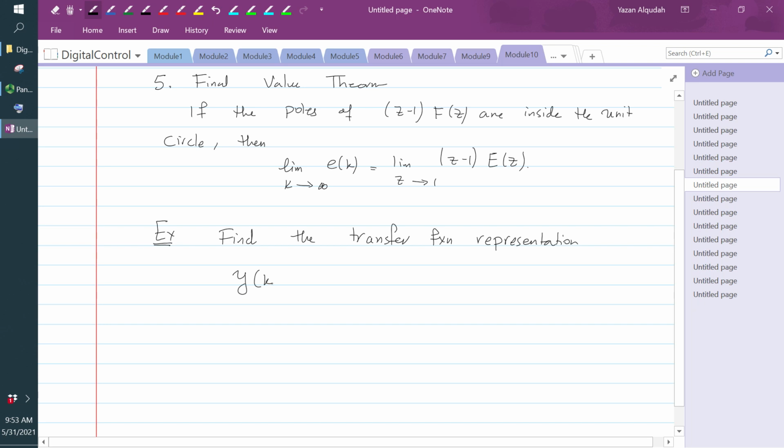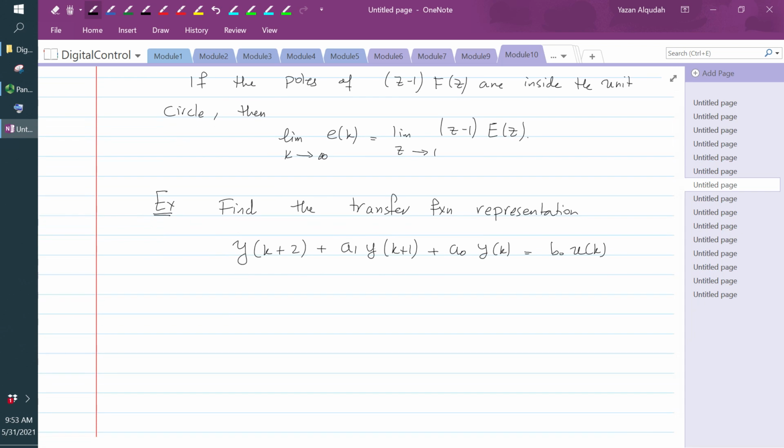We have a difference equation: y(k+2) plus a1 y(k+1) plus a0 y(k) equal to b0 multiplied by u(k). How do we find the transfer function? To find the transfer function, we're going to take the z transform of both sides.